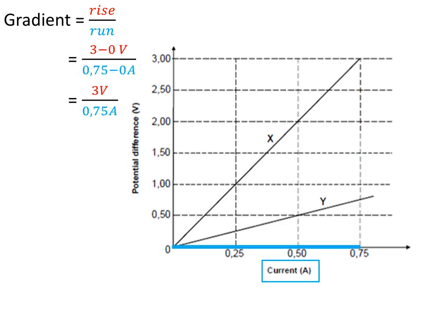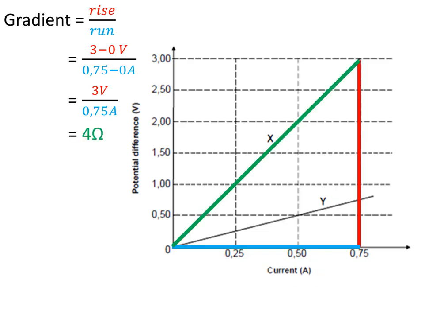And for this triangle, X final is 0,75 amperes and X initial is 0 amperes. So run, which is change in X, is 0,75 minus 0 equals 0,75 amperes. 3 volts divided by 0,75 amperes equals 4 ohms. So that tells us that for the arrangement of resistors in X, the total resistance is 4 ohms.